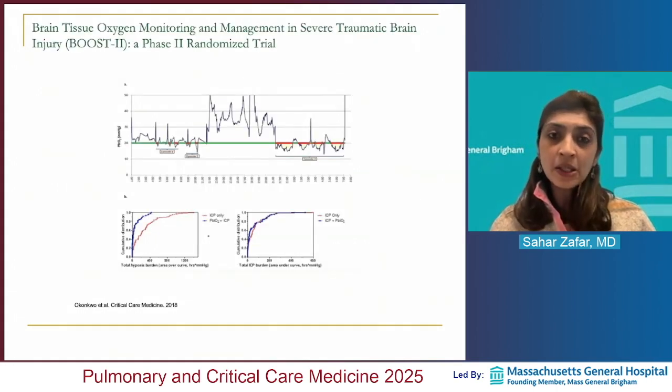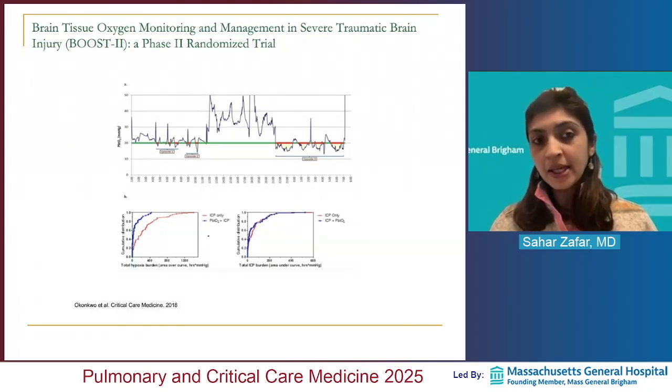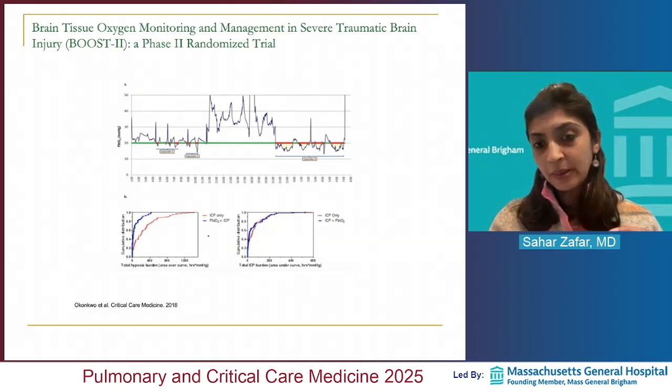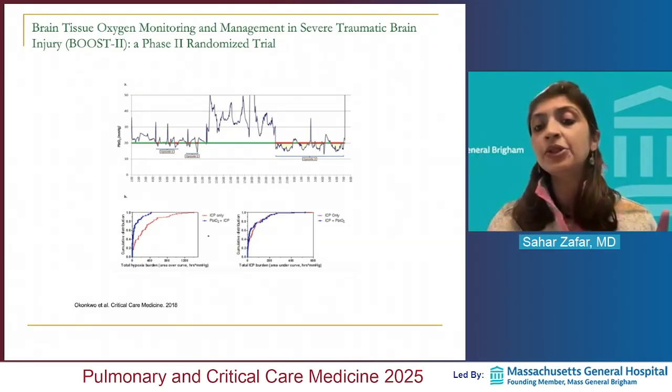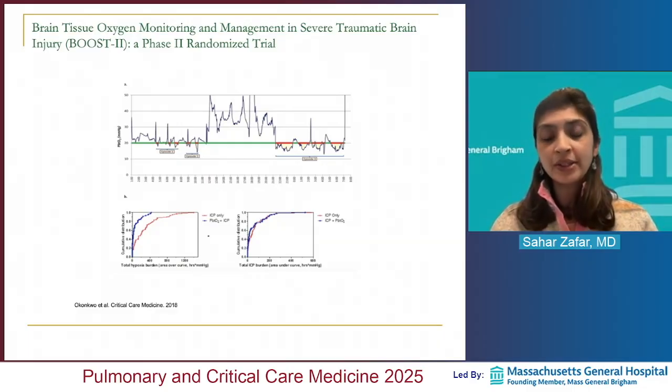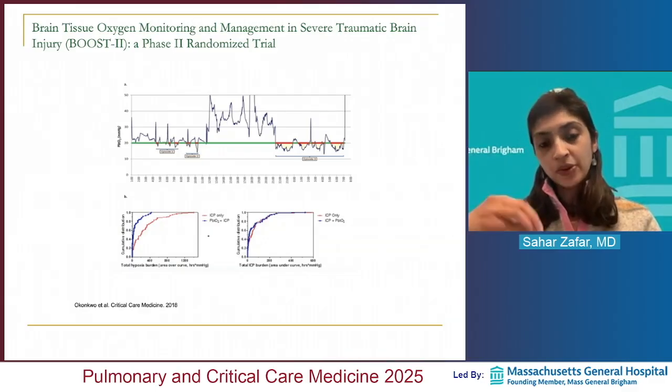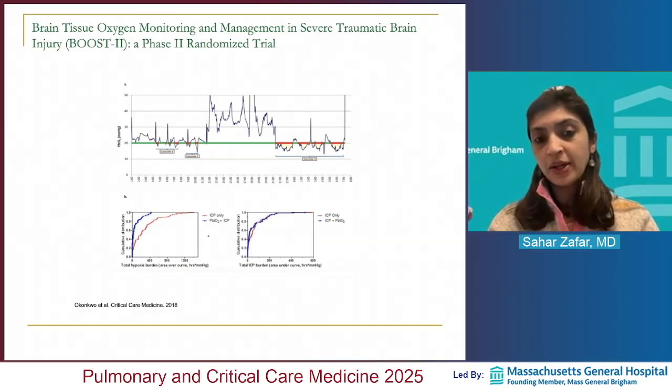And there's been a subsequent phase 2 trial called the BOOST trial. This was a feasibility study that combined intracranial pressure monitoring with brain tissue oxygenation monitoring, and found that it is feasible to combine the two. What they found was that when treatment was targeted towards both ICP and brain tissue oxygenation, there was reduction not only in the ICP, but also an improvement in brain tissue oxygenation.